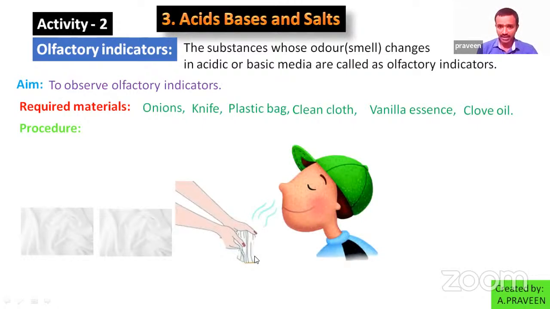Suppose this is the one with HCl added on it. Then observe the smell of this cloth. Next, observe the smell of the other cloth strip, the one to which NaOH was added.